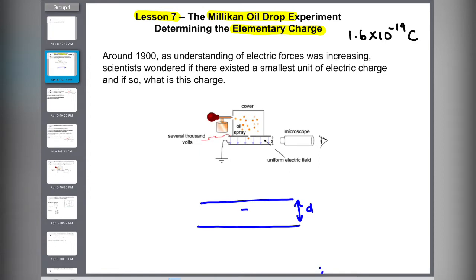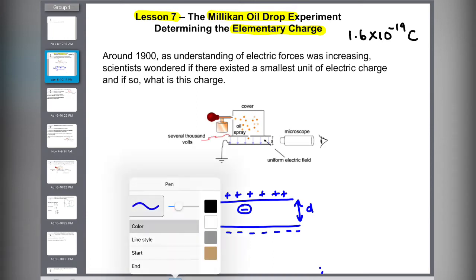If this is an electron, if we want to suspend it, meaning leaving it hanging in the middle, we need it to be repelled by the negative at the bottom and have the positive at the top. They would be able to have a certain potential difference that they could know.